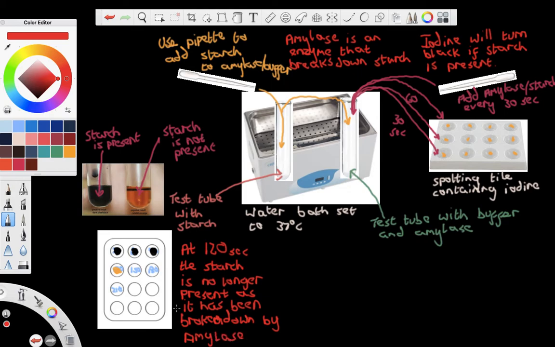So the amylase has broken down the starch at 120 seconds.